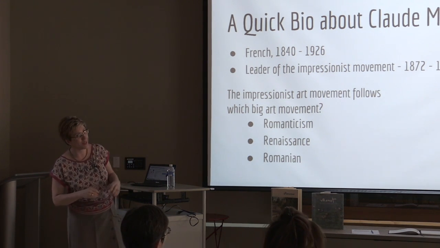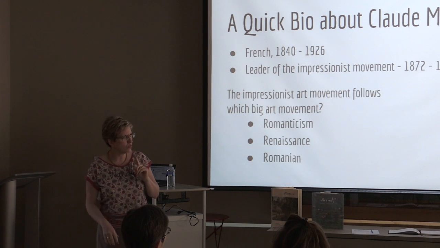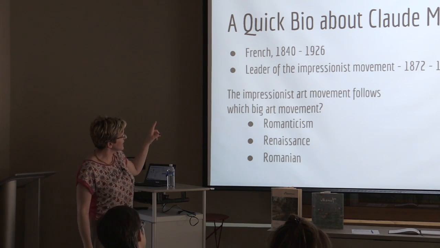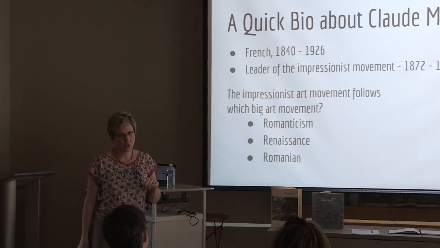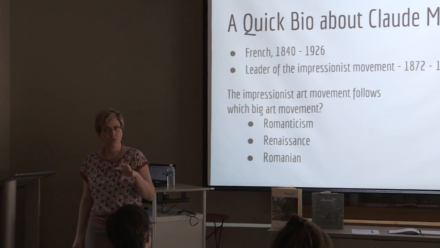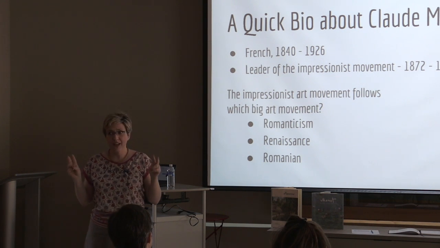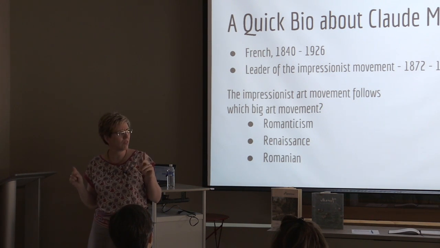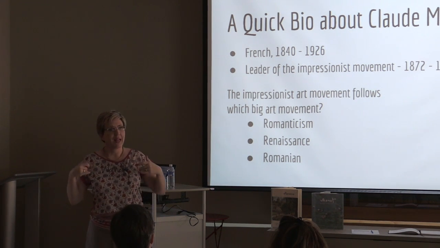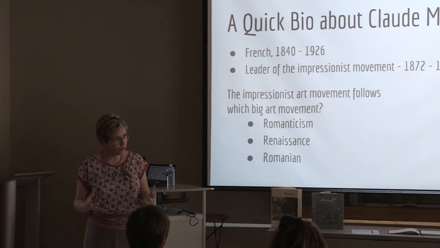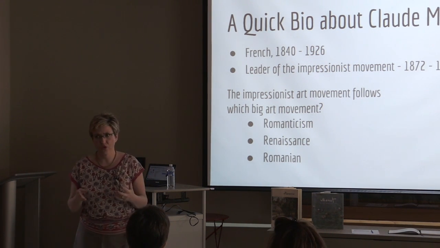And I want you to notice that he died 8 years after the end of the First World War, which is very important because his last masterpiece, what we call the Nymphéas in French, the water lilies, is a piece that he made and he gave it to the French government in memory of all the people who died during the First World War.